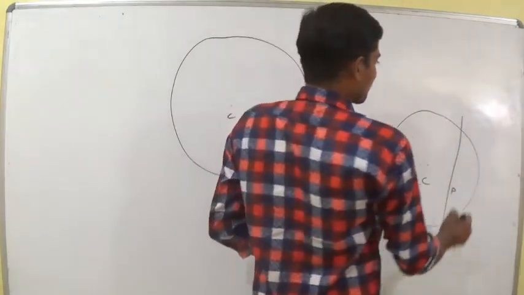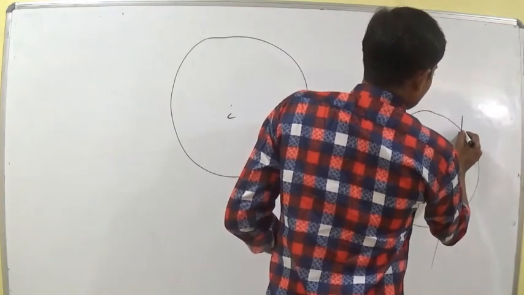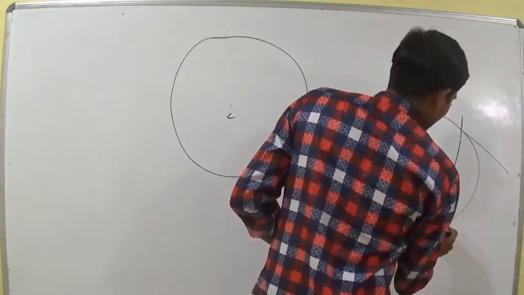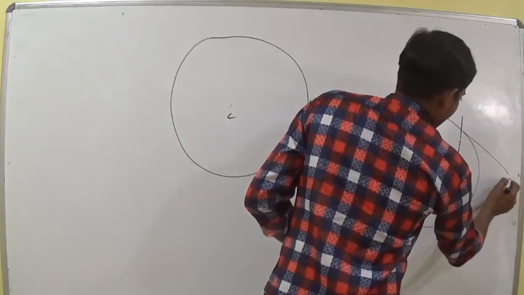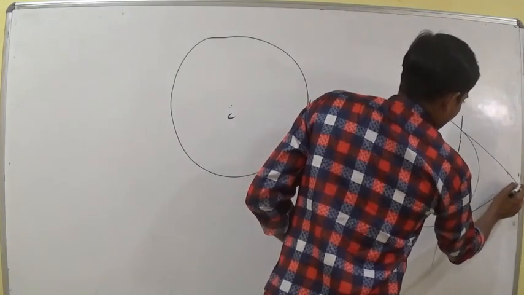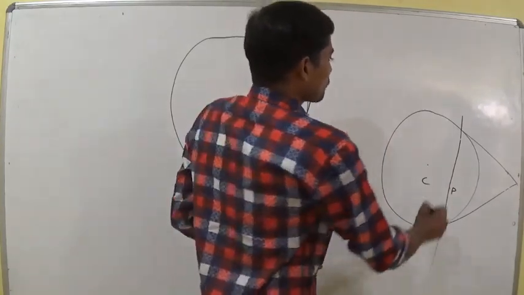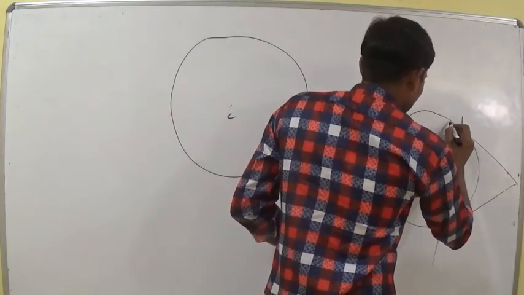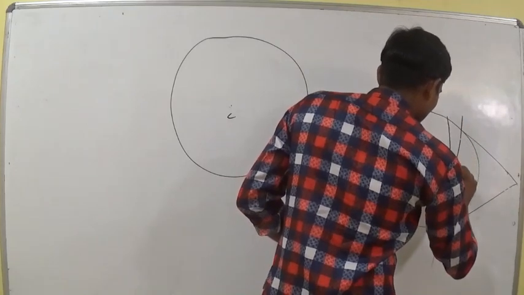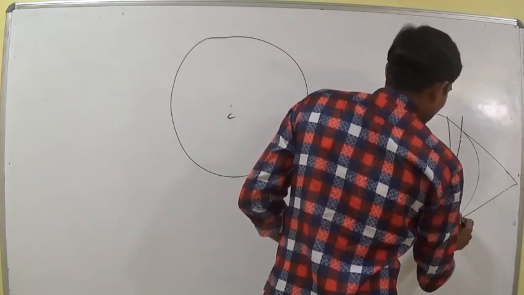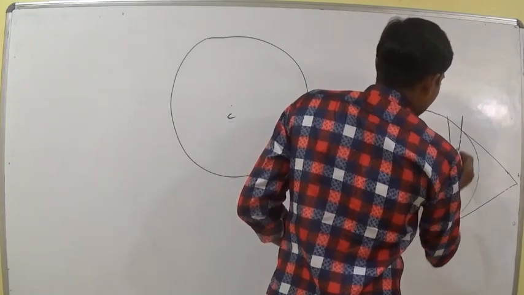Then tangents. Now one more secant I draw through the point, intersecting points.